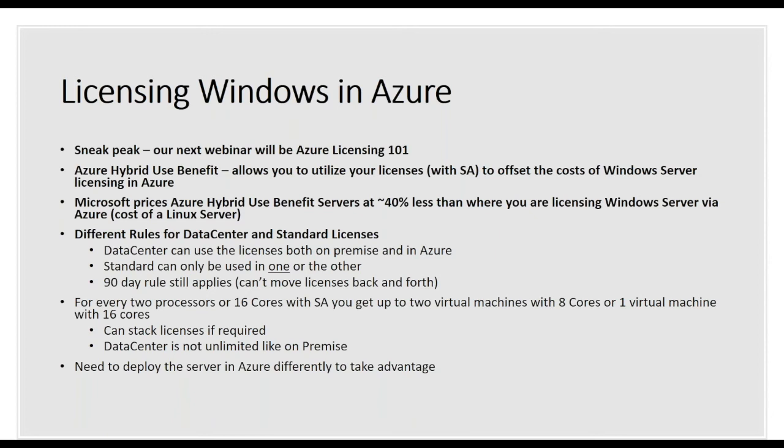There's a special way they have to image those in order to take advantage of it. You can take your own image in with this as well, but there's a script you need to use to do that. So there's a little bit of technical requirement to make sure the portal knows that you're taking advantage of this benefit.